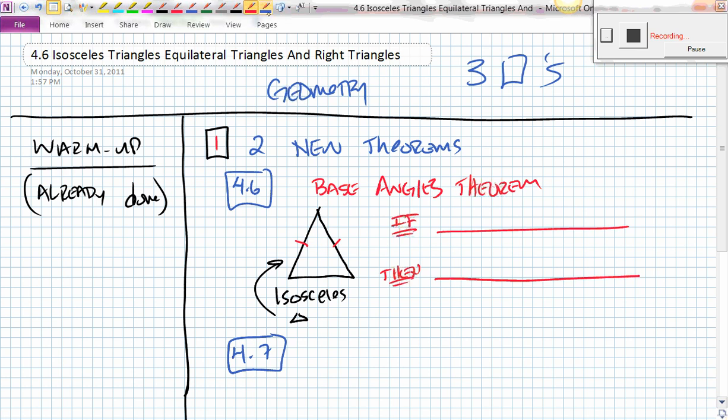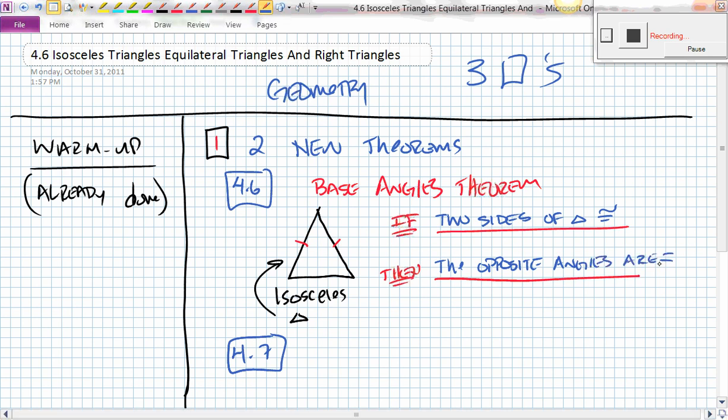First one says this. If two sides of a triangle are congruent, then the opposite angles are congruent.